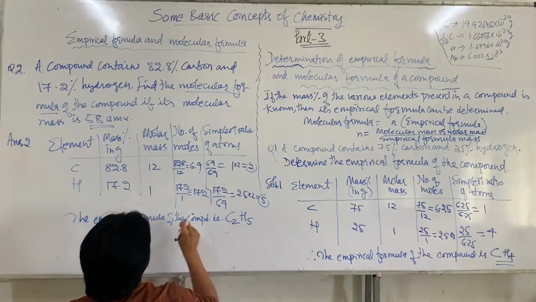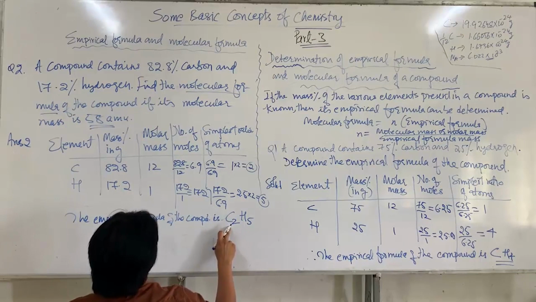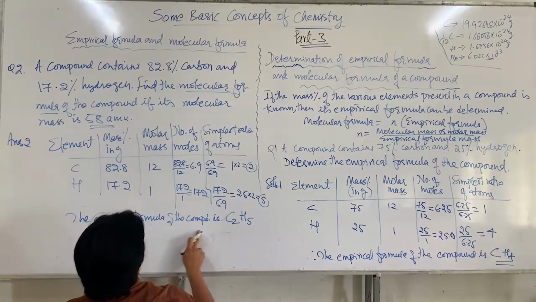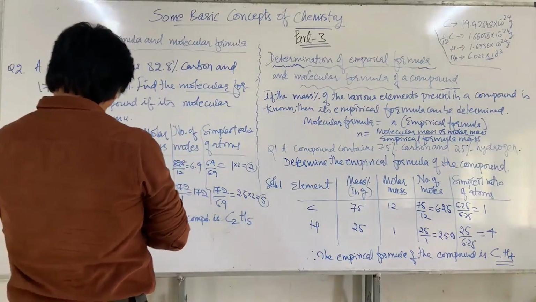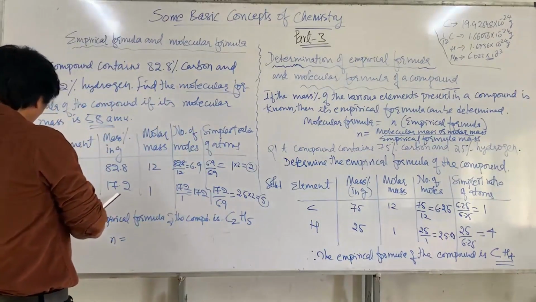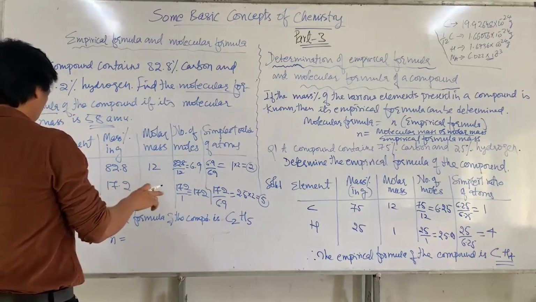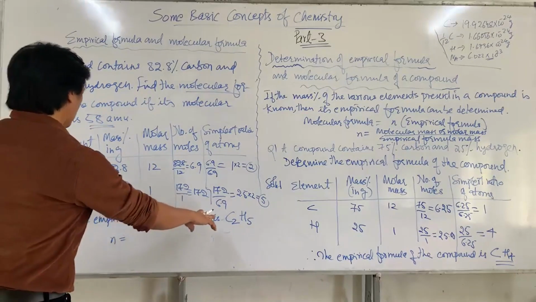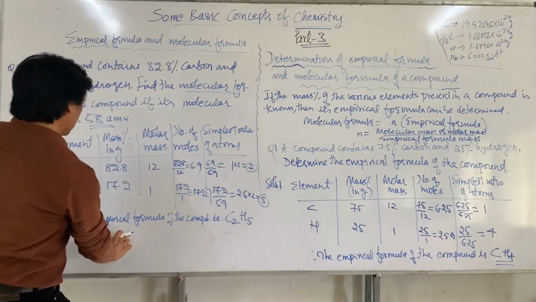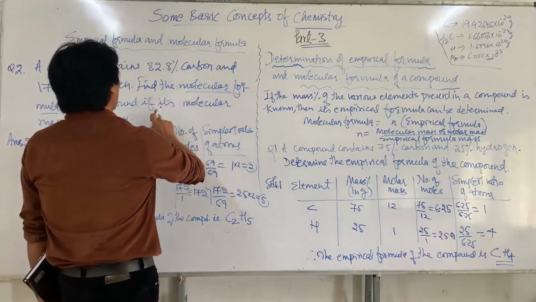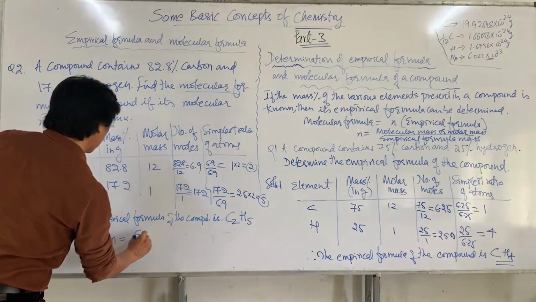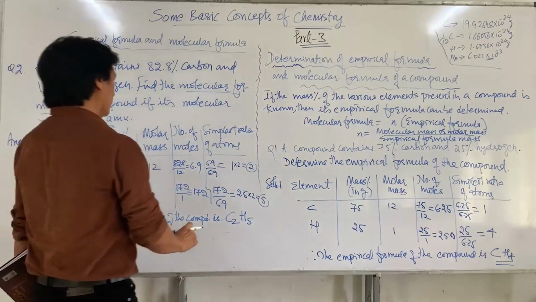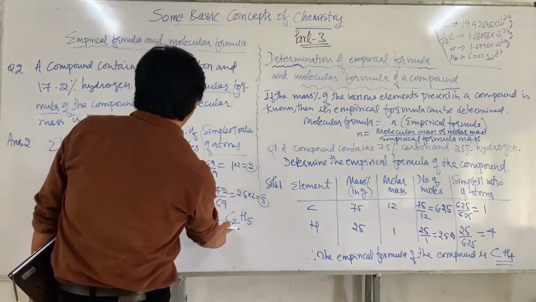So the molecular mass, that is 58, divided by the empirical formula mass.